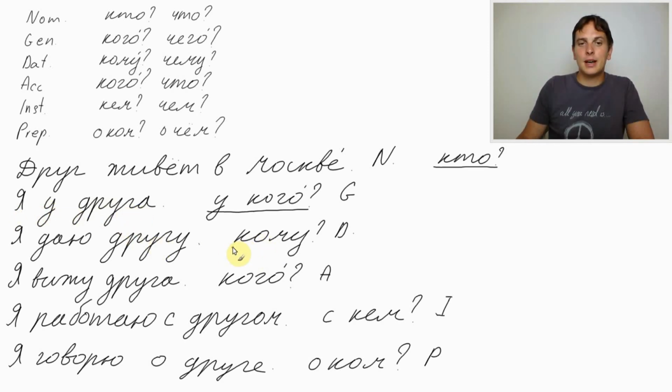Next one is кому. To whom? Read the question. Read the sentence. Я даю другу. Дать is to give. And we got here conjugated verb to give according to the first personal pronoun I. Я даю другу. I am giving to a friend.